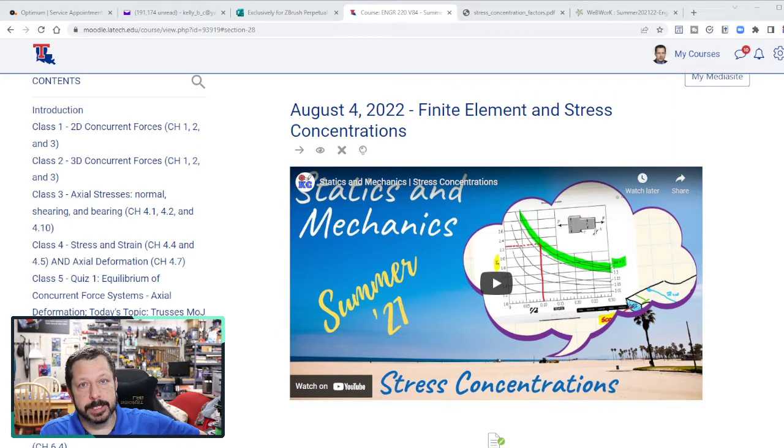So kind of a number that you can use to get a feel for the average stress in some part. But if it's the average, then that means somewhere in there, there's at least some portions of the object that are under more stress. And that's what we're going to do here with these stress concentrations.